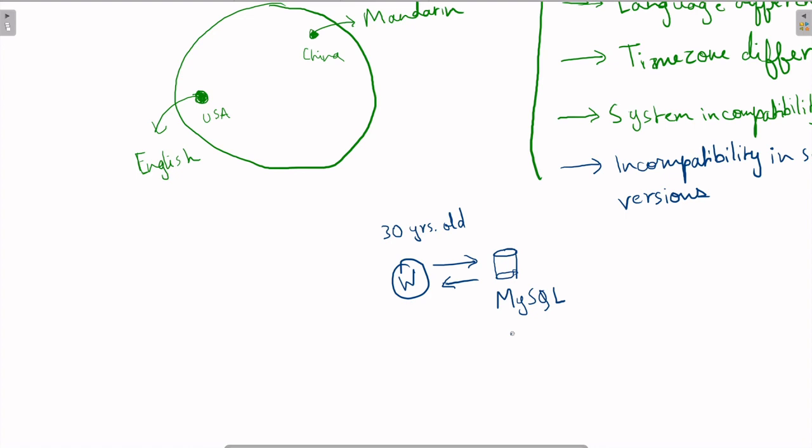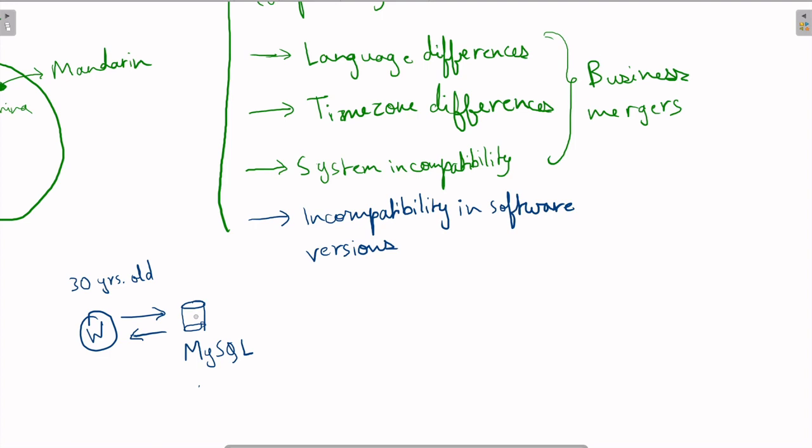So it will be very, very old. So if you are to now migrate this web application, you don't just have to change the code, you also have to migrate it from this old version database, which can have lots of missing features, to a new database. There itself, you'll find conflicts, you'll find incompatibility, right? So that is this point, incompatibility in software versions.